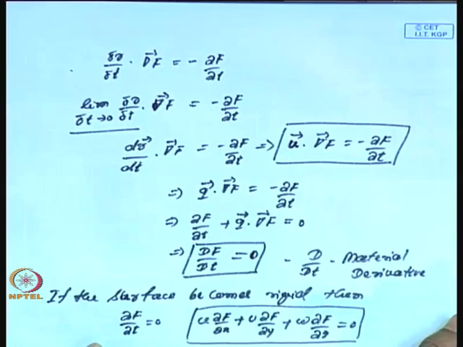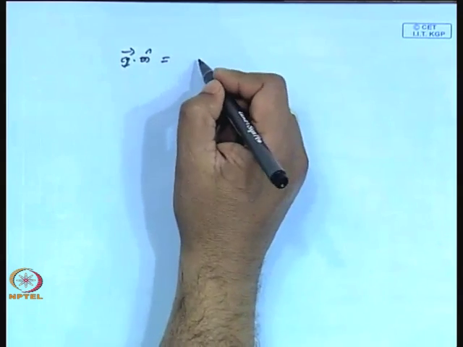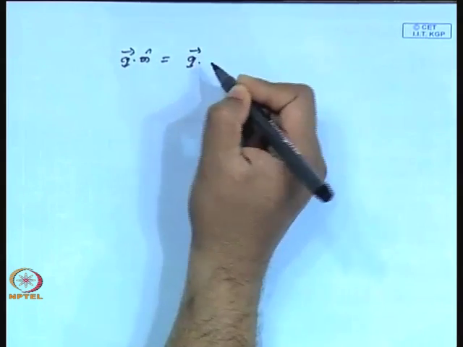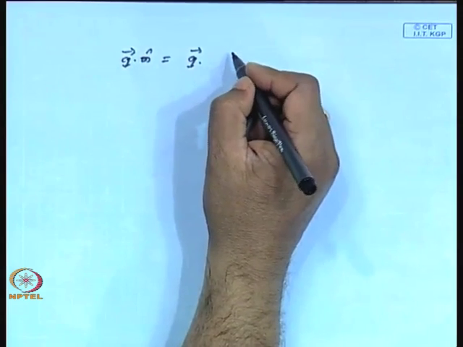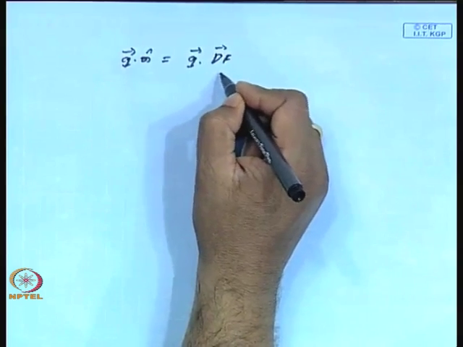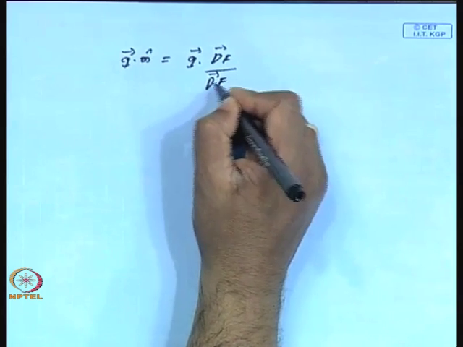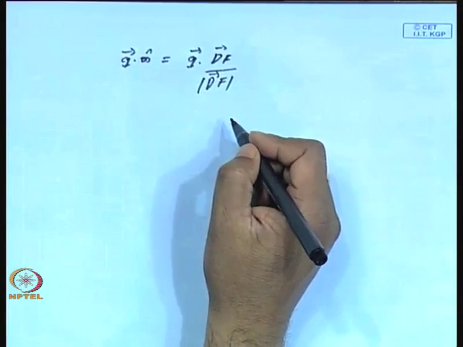And which gives me, so the normal component of the velocity for the boundary becomes q bar dot n hat is grad f by modulus of grad f.